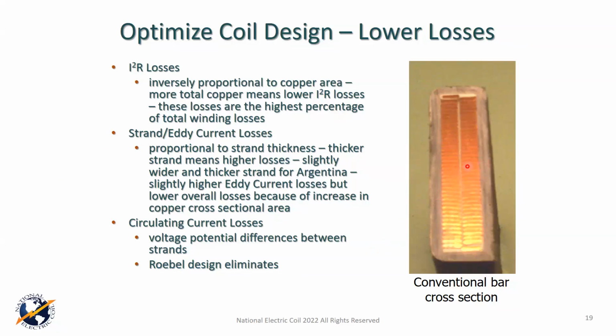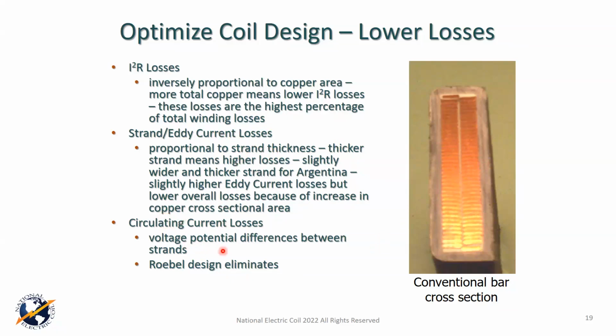They made cables more effective by putting in multiple layers and different stranding and some twists. But inside of a coil, we can optimize the height and the width of that copper to decrease the strand or eddy currents. It's proportional to that strand thickness and how you apply it, and that's one of the design characteristics you would go through.